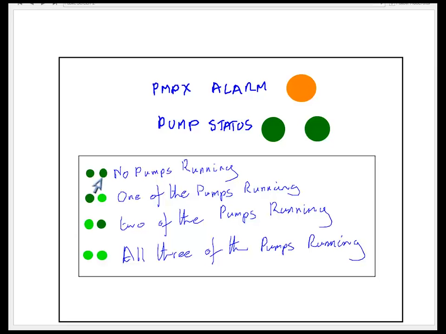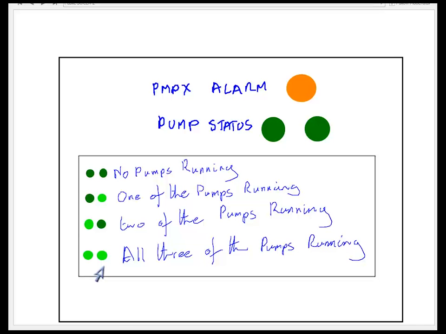When both the green lamps are off, that indicates that none of the pumps is running. When the second green lamp is on, that means one of the pumps is running. When the first green lamp is on by itself, that means 2 of the pumps are running. And when both of the green lamps are on, all 3 of the pumps are running.